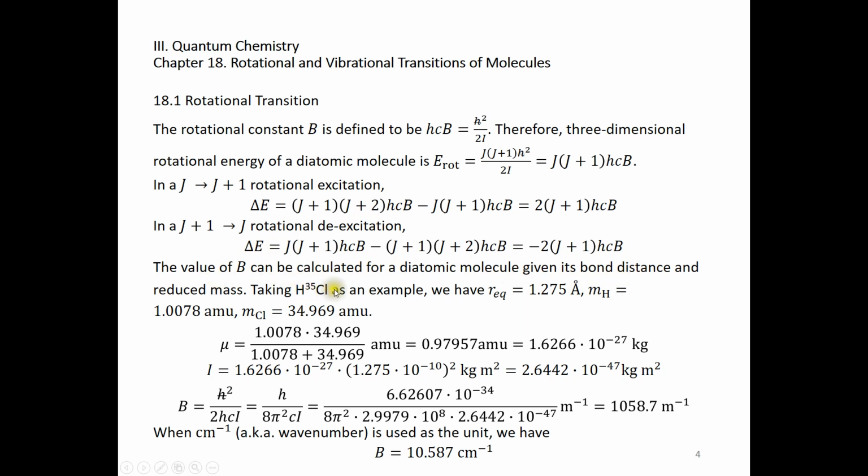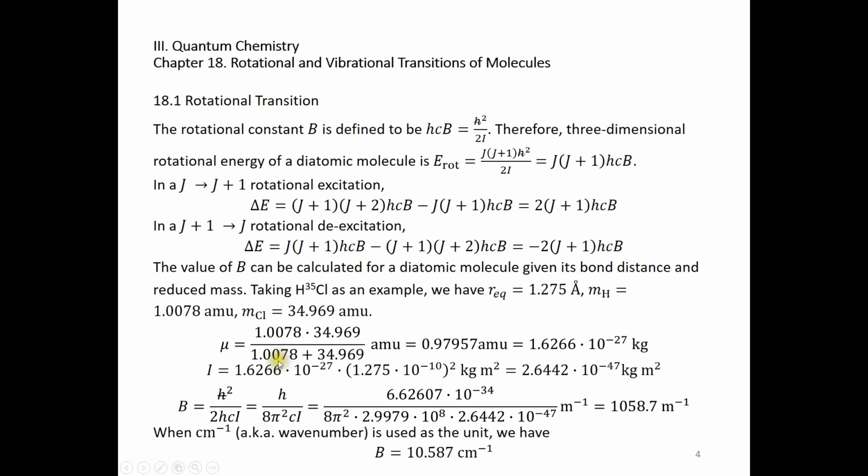Taking hydrogen chloride as an example, the equilibrium bond distance is 1.275 angstroms, and we have the mass of a hydrogen atom and the mass of a chlorine atom. First, we can compute mu in terms of AMU. Mu is m1 times m2 over m1 plus m2, and we convert AMU to kilogram, giving 1.63 times 10 to the power negative 27 kilogram.